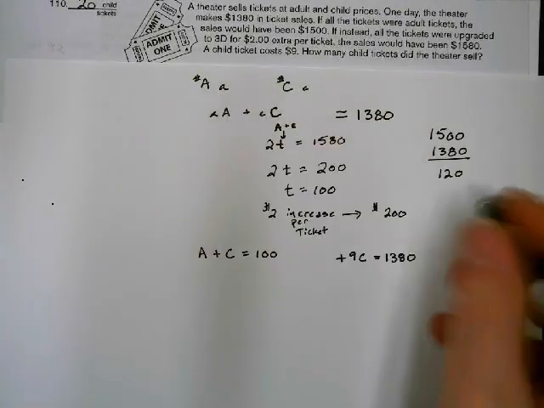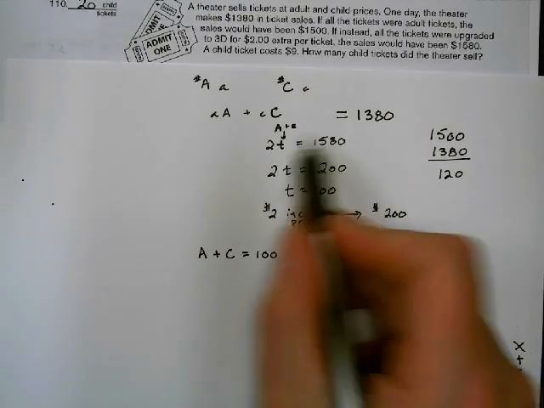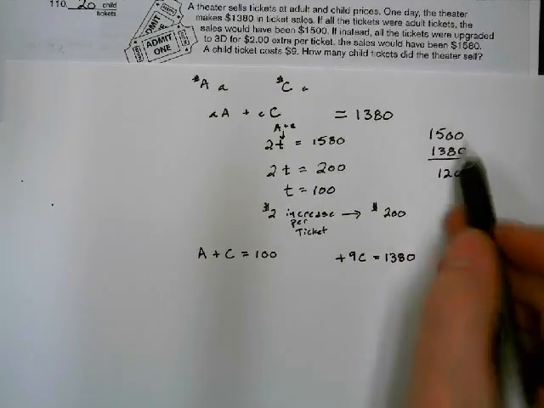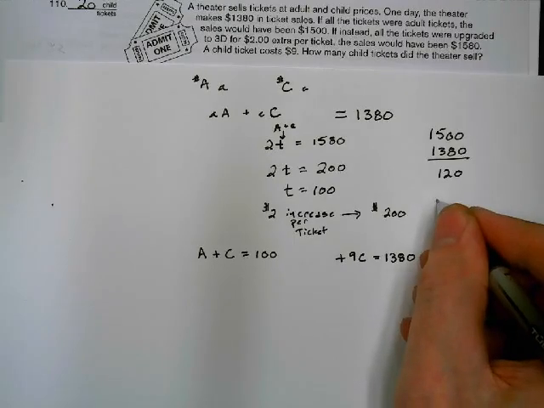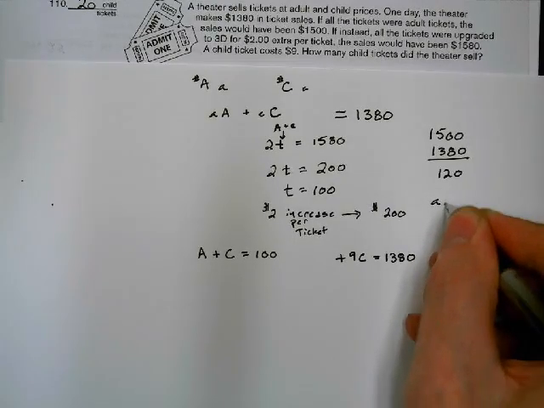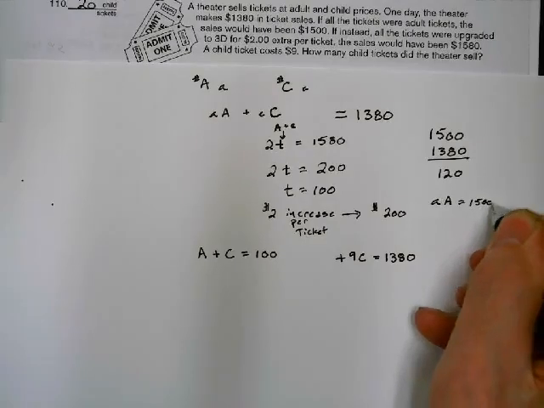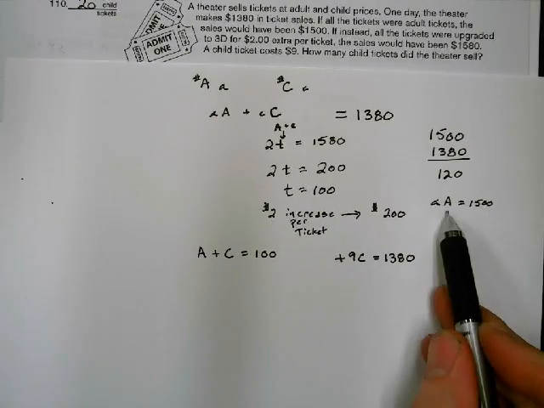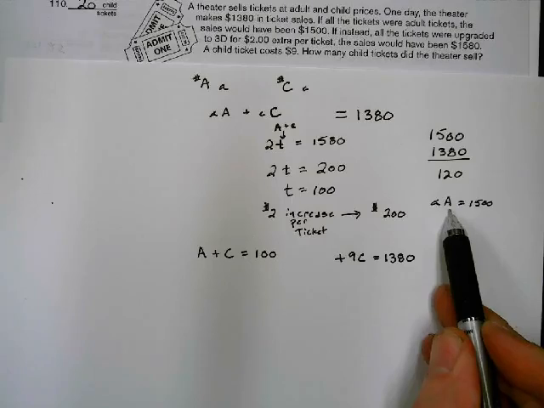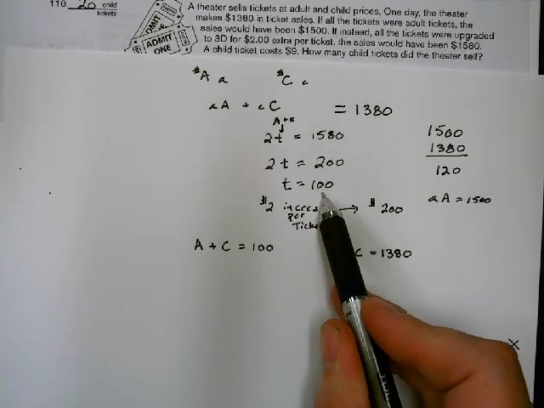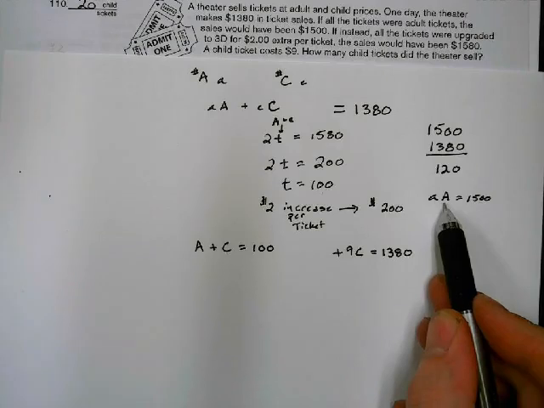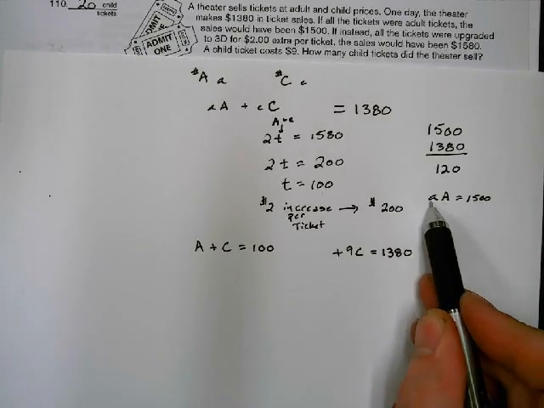I know that if I've got the adult price times the adult tickets, that this is going to end up being $1,500. And that's if all of them are adults. And remember we said that there's 100 tickets? So if I have 100 adults, this is saying that the price times 100 adults would be $1,500. I now know that the price of the adults is $15 per ticket.